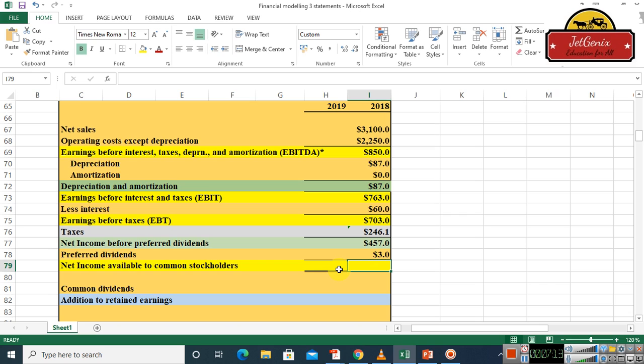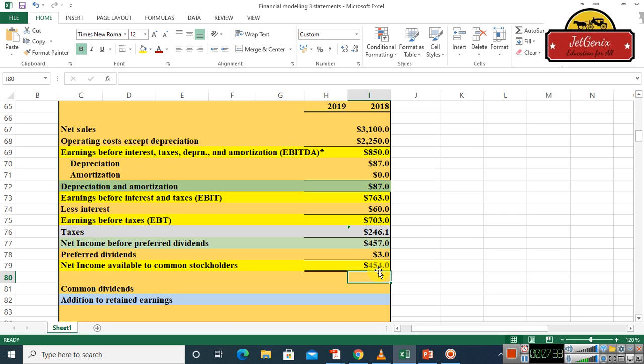So we can calculate it like this: select the net income before preferred dividend and subtract this one, the preferred dividend. So we are having 454 million of net income available to common shareholder.